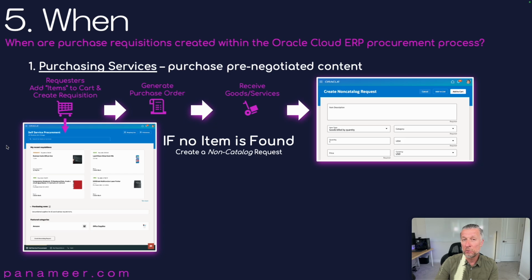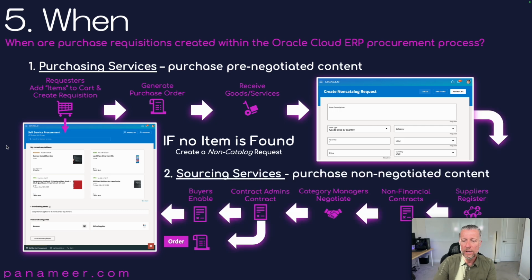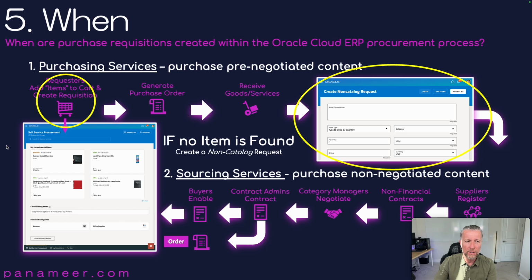Now, when you can't find pre-negotiated content, those same requesters will use a non-catalog request, or a smart form, and they'll invoke sourcing services. So pre-negotiated content is self-serve, and non-negotiated content is full serve, meaning that you're going to invoke the service of procurement. So when do you think these requisitions are used? Well, pretty easy. They're used in both to kick off the process.